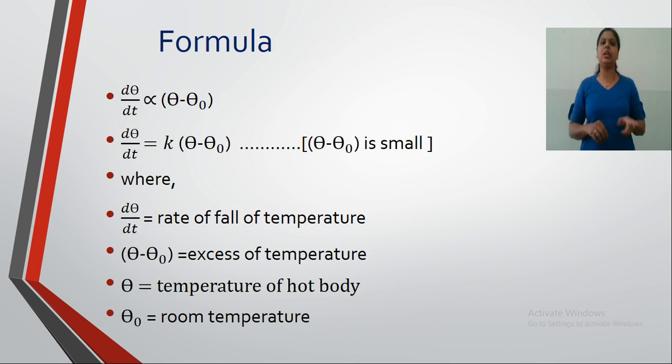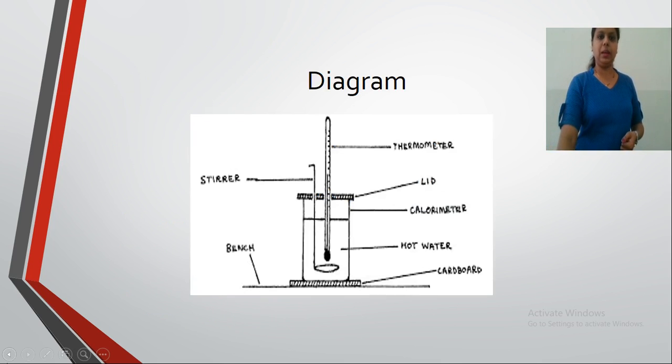In our case, the hot body is water, so we are going to measure the temperature of the hot body present in this vessel. d theta by dt is the rate of fall of temperature of the hot body, where theta is the temperature of the hot body and theta 0 is the room temperature. Hot body temperature minus room temperature gives you the excess of temperature. In this way we can verify Newton's law of cooling by taking readings of the hot body. Now this is the formula.